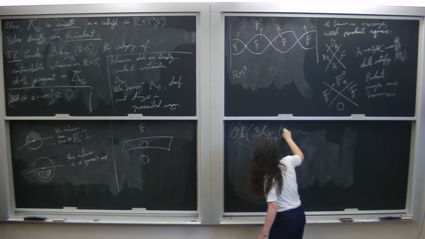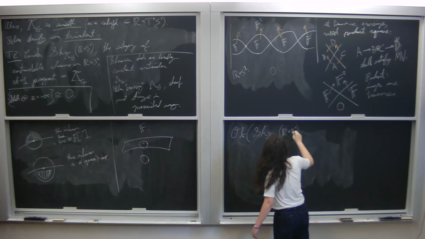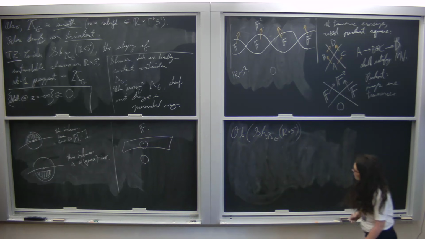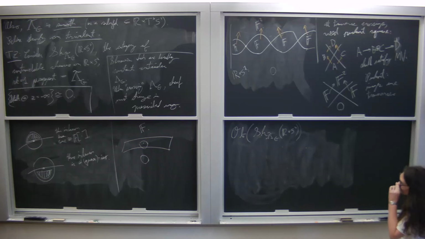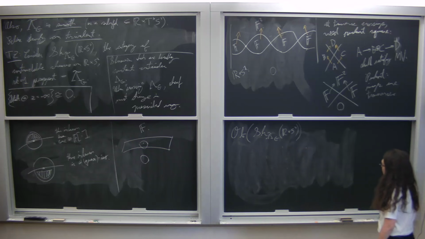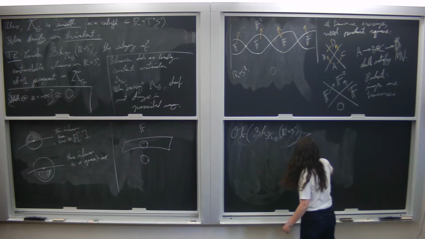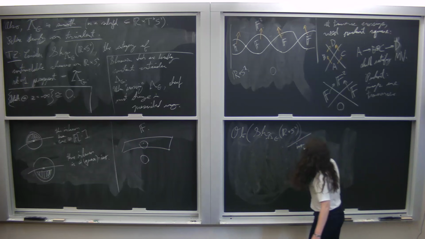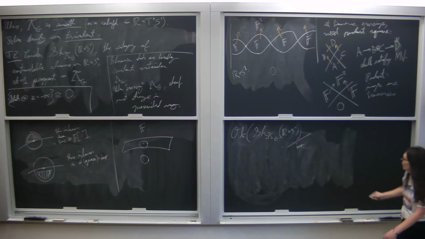Lambda tilde G R cross 2, modulo isomorphism in the category, right?